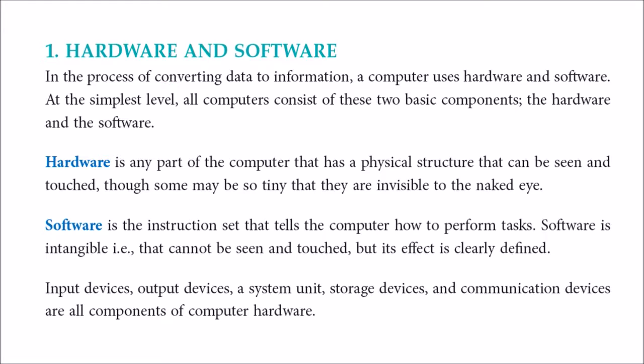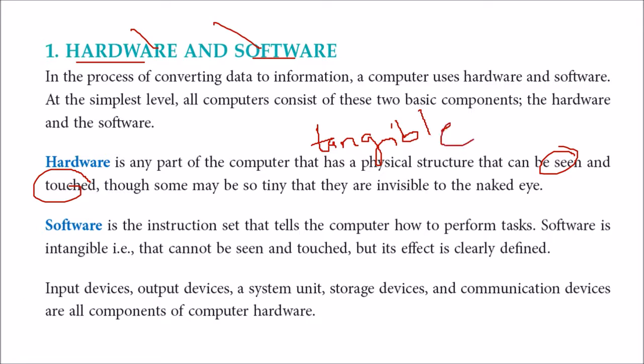So what exactly is the difference between hardware and software? At the simplest level, the computer has two basic components, hardware and software. Hardware is known by the physical structure which can be seen or touched. So it is tangible. And then software is intangible.